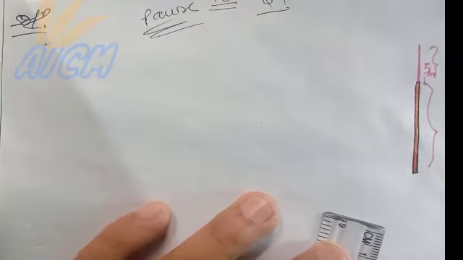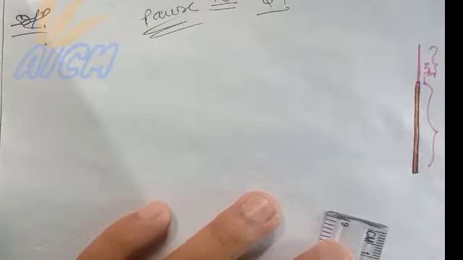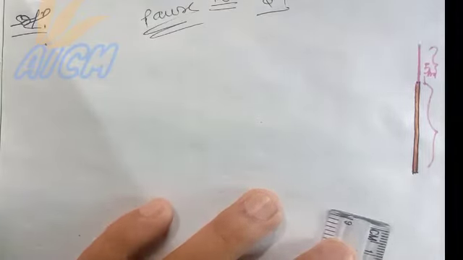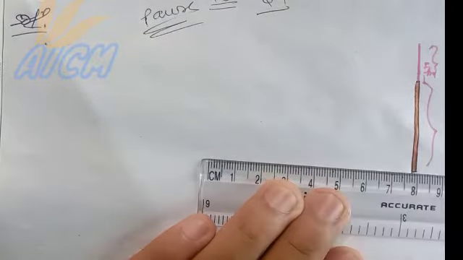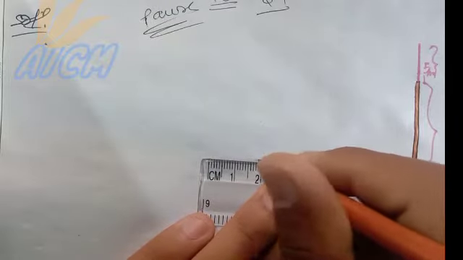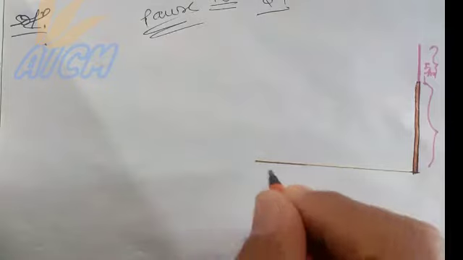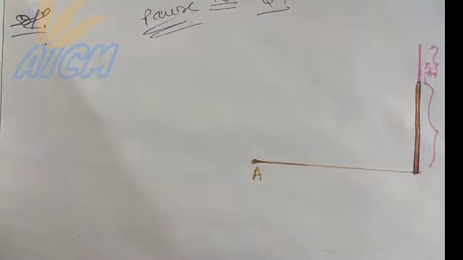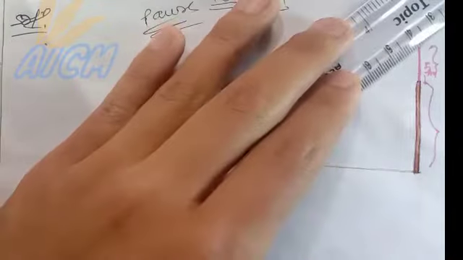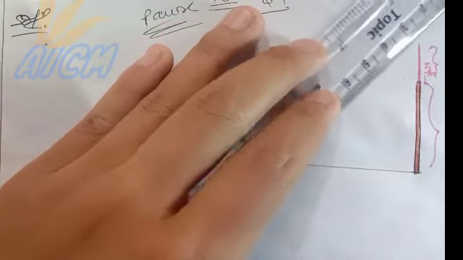And let's see the question. The angle of elevation of the top of the pole observed from a point A on the ground is 60 degree. So now let's say this is the ground. And this point we call it point A, and from this point A they look up towards the pole.